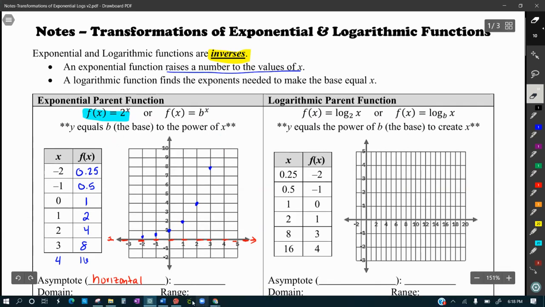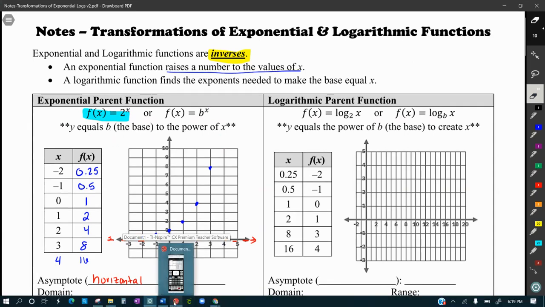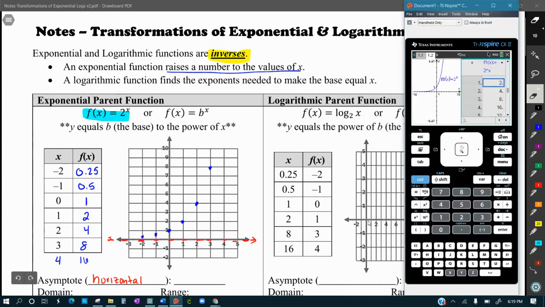We can see why if we look at the full table of values. So if you look here, we have 2 to the x power graphed on the graphing calculator. And if I look at these values over here on the table, and I look at my x's and keep track of where my y's are going, if I move down the table, my x's are getting larger and so are my y's.